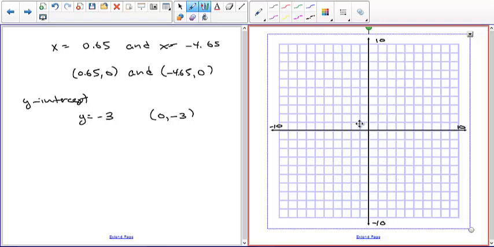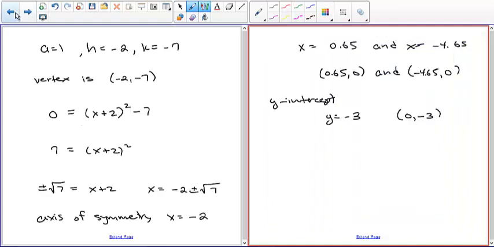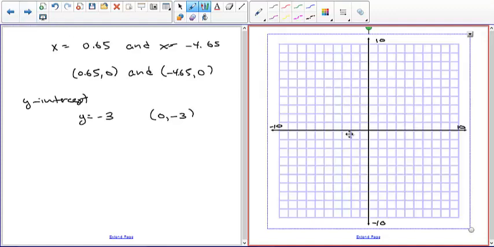Okay, let's go back to the vertex. Vertex is negative 2, negative 7. So we go negative 2, negative 7. So there's our vertex. The y-intercept is negative 3, which is right here. The x-intercept is 0.65, which is about here. The other x-intercept is negative 4.65.